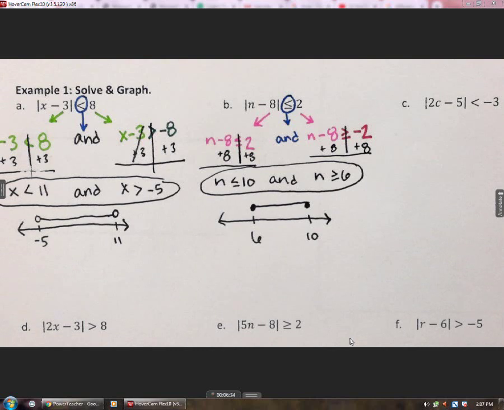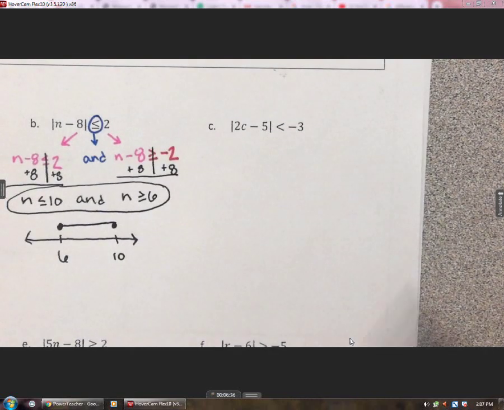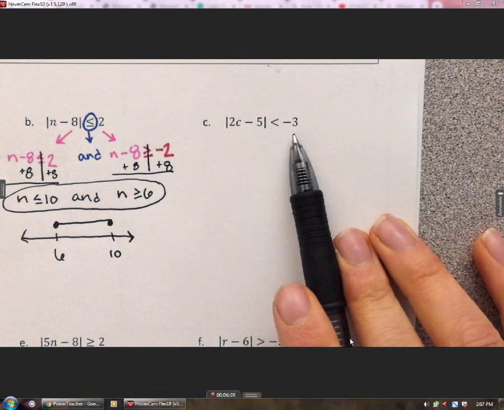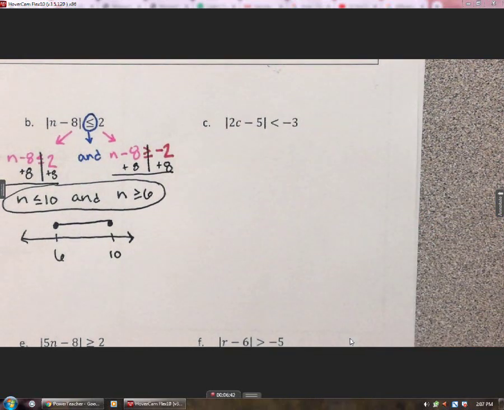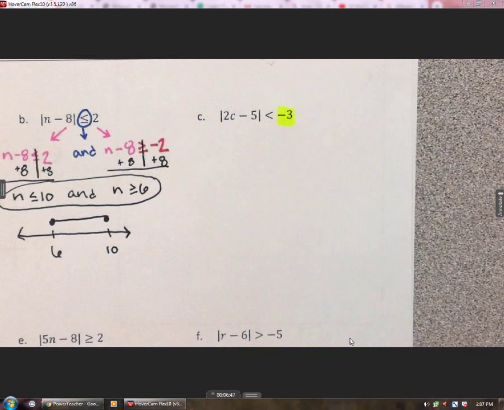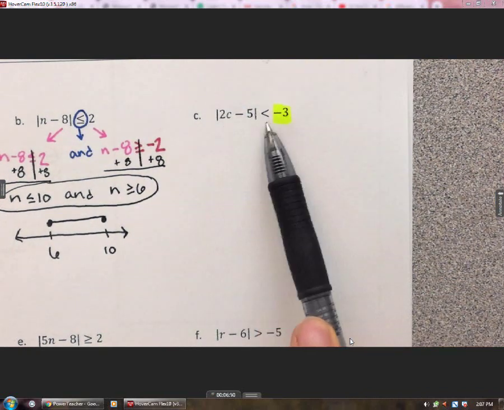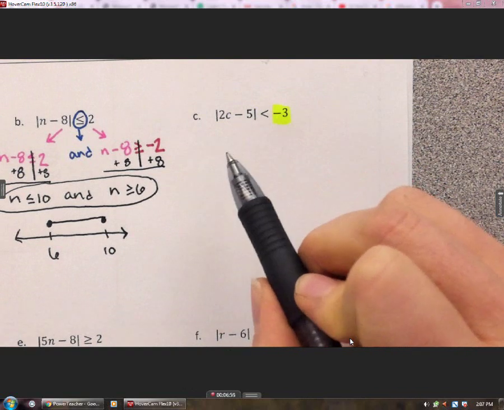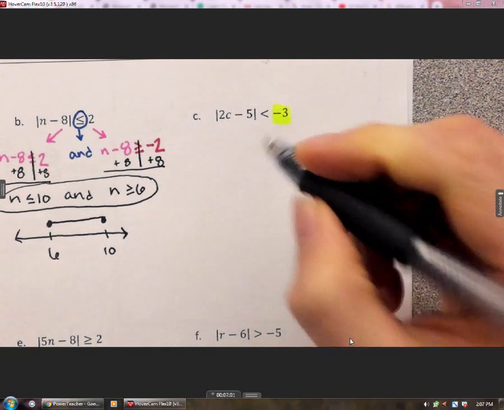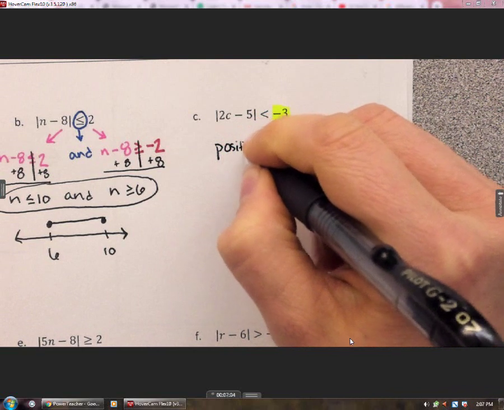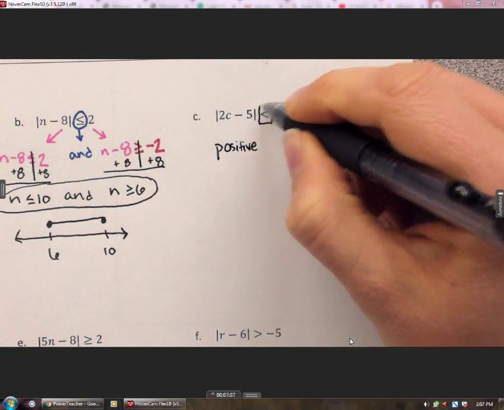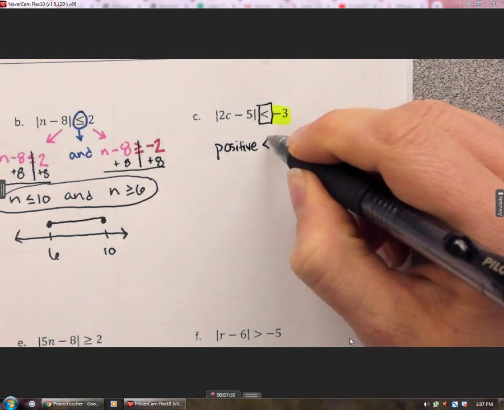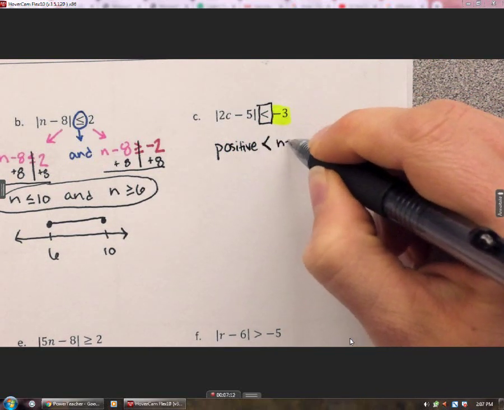Okay. Now we always have to pay attention to negatives. Negatives only matter for absolute value. This is saying that the absolute value of anything is less than negative 3. So let's think for just a second. Absolute value of anything is always going to give me a positive number. This sign right here says less than, and this number right here is negative.